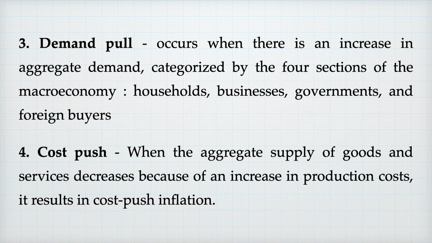There's so much demand for the goods that the prices start rising. On the opposite, fourth, cost push, occurs when the aggregate supply of goods and services decreases. Remember this, demand pull is what? The demand for goods and commodities is increasing. Cost push, the supply of goods and services decreases. Because why?